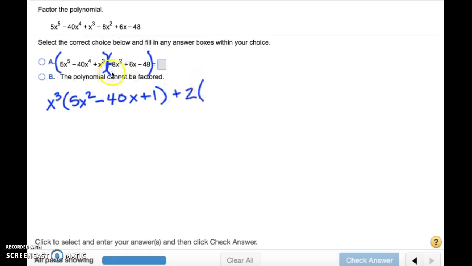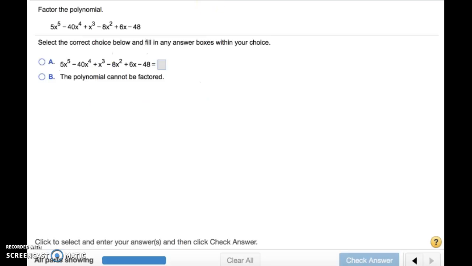And when I factor out that 2, I get negative 4x squared. And I can already see that these 2 sets of parentheses are not going to match up.